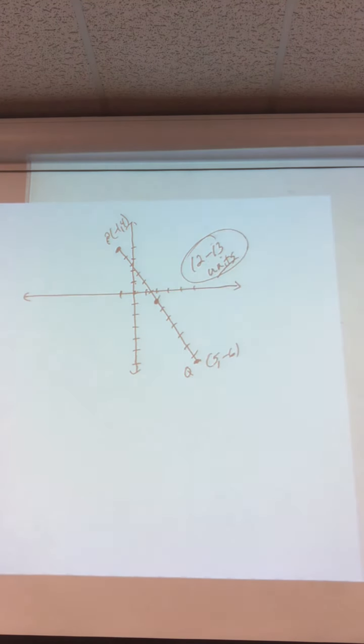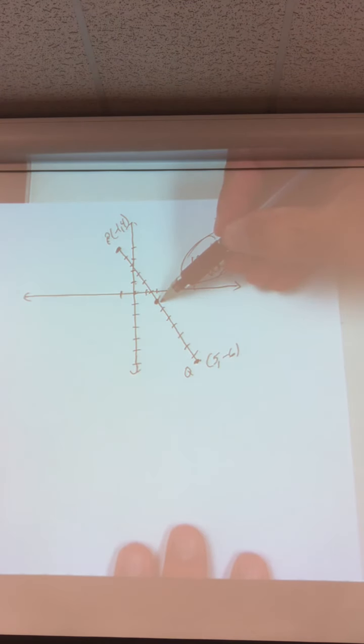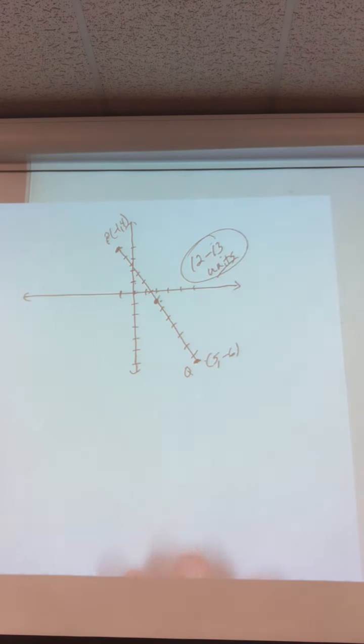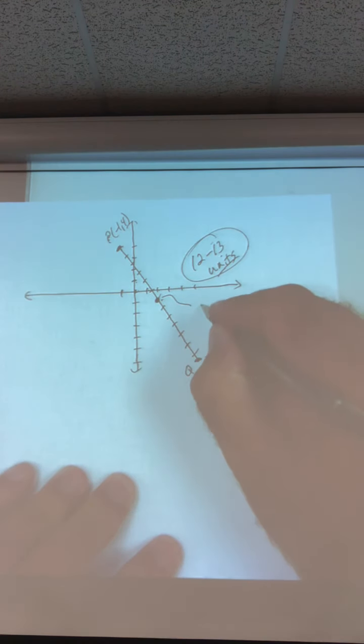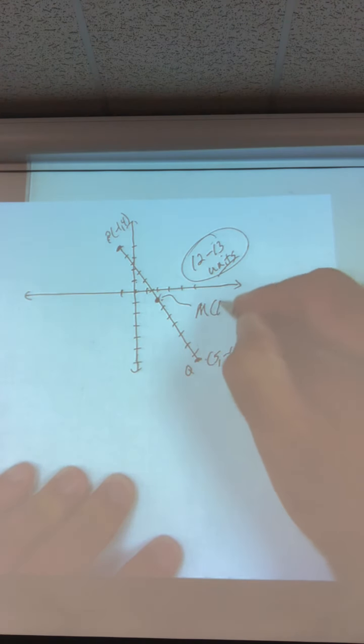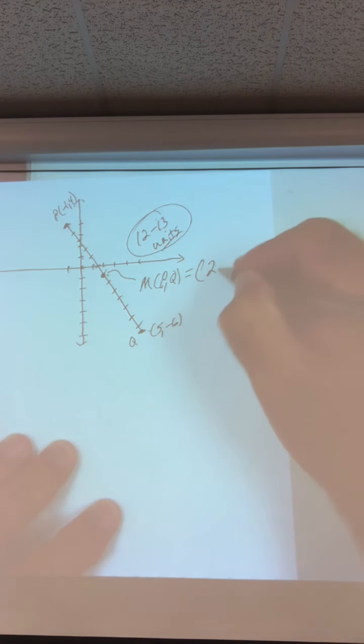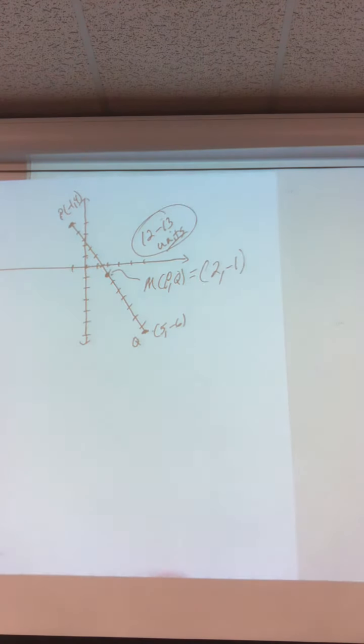And you can see, if I was just guessing, does this point look halfway between here and here? Yes, because that distance looks the same as that distance right there. So that midpoint formula, that's your midpoint. We called it M, P, comma, Q, was 2 comma negative 1.